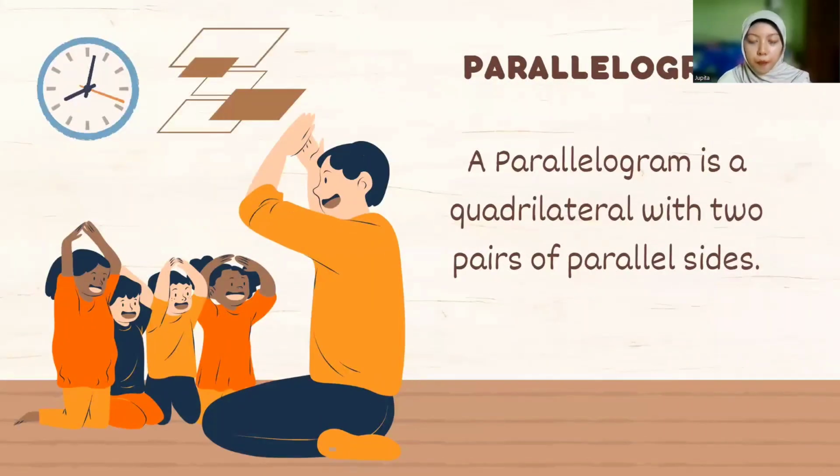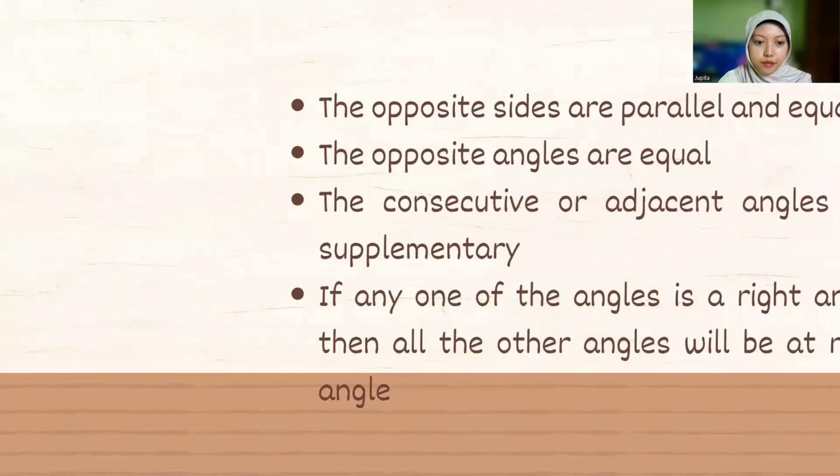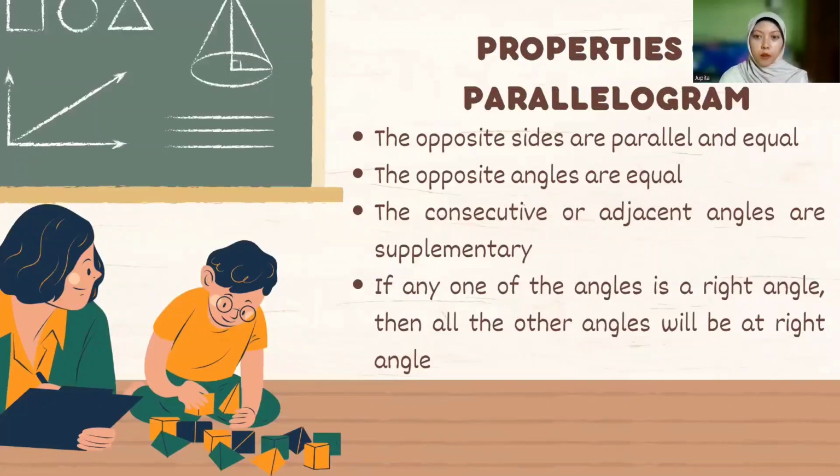Parallelogram. A parallelogram is a quadrilateral with two pairs of parallel sides. Properties of parallelogram. 1. The opposite sides are parallel and equal. 2.